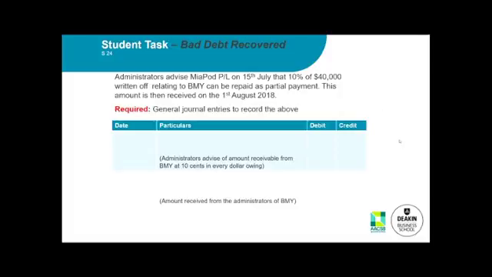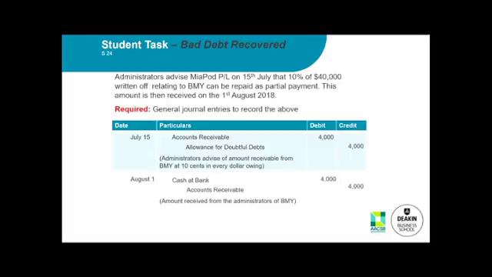All right, let's have a look at what you should have done. So 10% of 40,000 is 4,000. So we debit our accounts receivable and credit our allowance. So we're writing back the amount, and then we're receiving the amount from the administrator.